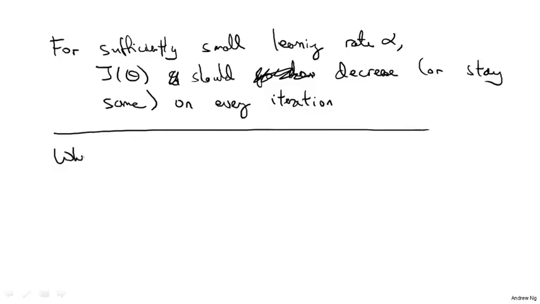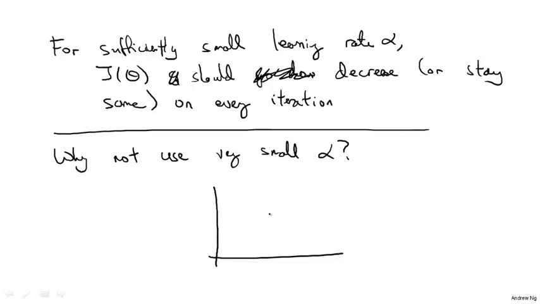And finally, why not use a very small learning rate? The reason is that if this is J of theta with theta on the horizontal axis, and your learning rate is too small, then starting somewhere, you end up taking baby steps, such tiny steps that you require a lot of them.